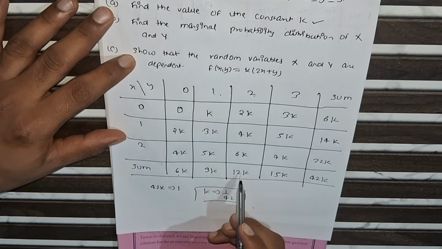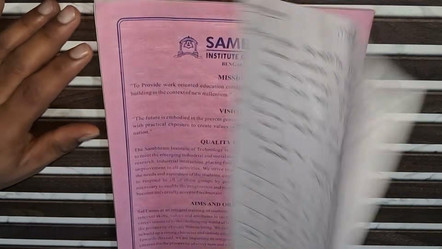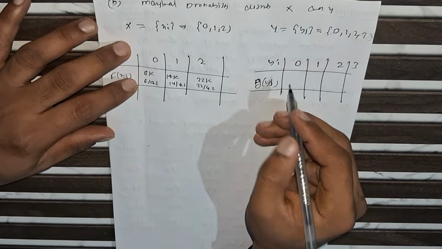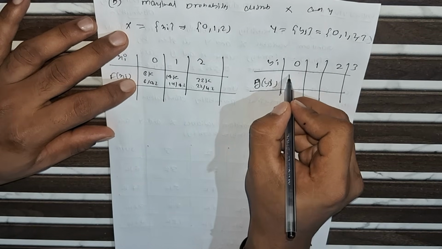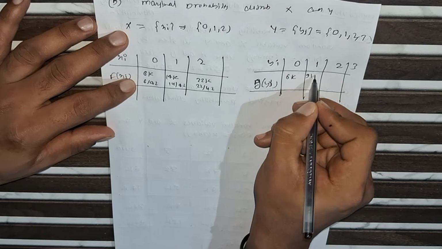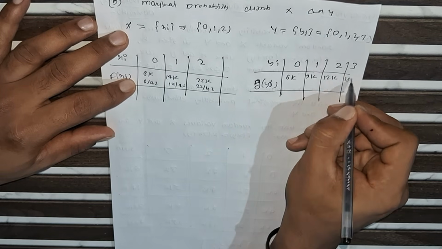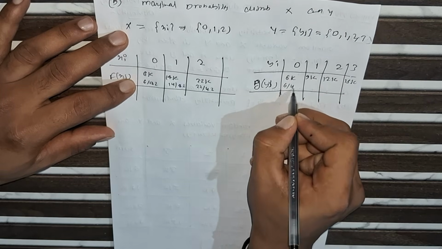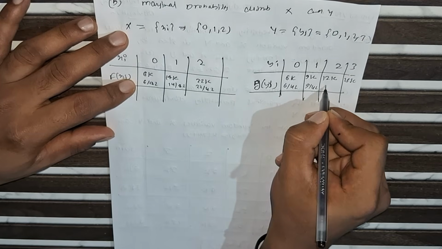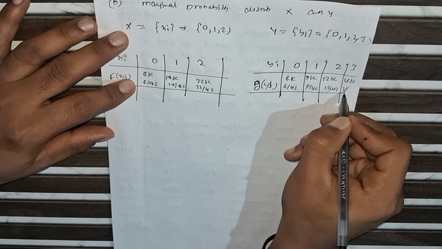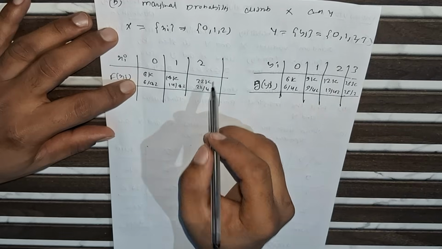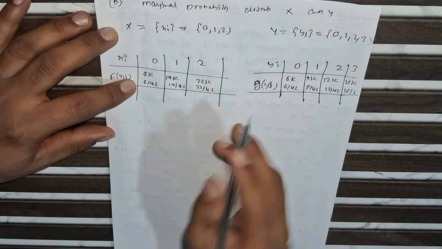Here 6k, 9k, these are the values for 0, 1, 2, 3. So 6k, 9k, 12k, 15k, which is equal to 6 by 42, 9 by 42, 12 by 42 and 15 by 42. So this is our marginal probability distribution of x and y.